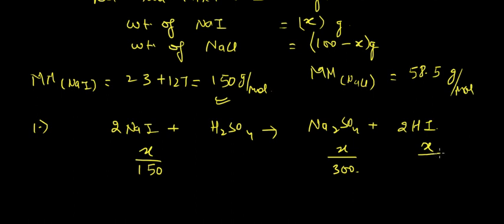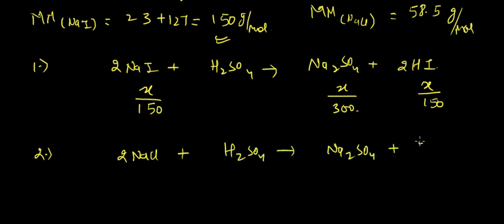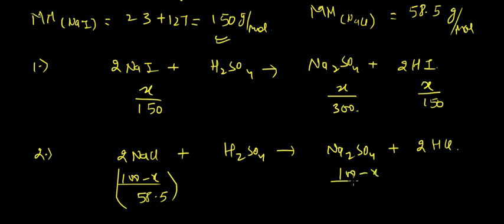According to the second reaction, NaCl plus H2SO4 produces Na2SO4 plus 2 moles of HCl. The moles of NaCl would be 100 minus x divided by 58.5, the moles of Na2SO4 produced would be 100 minus x over 117, and HCl produced would be 100 minus x over 58.5.